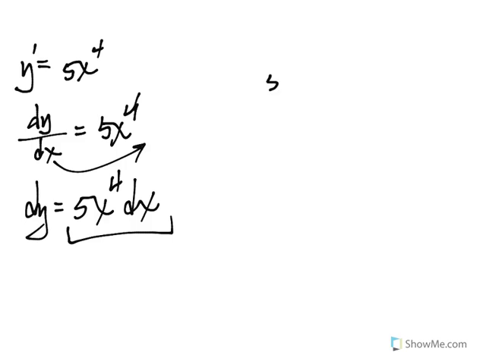Well, that's the way we're going to write it in this chapter and from this day forth. 5x to the fourth dx. And what we're going to do is we're going to anti-derive it, or we are going to integrate it. Those mean exactly the same thing. And the notation for that is like this big, tall, thin S that goes out in the front. This is called an integral sign.